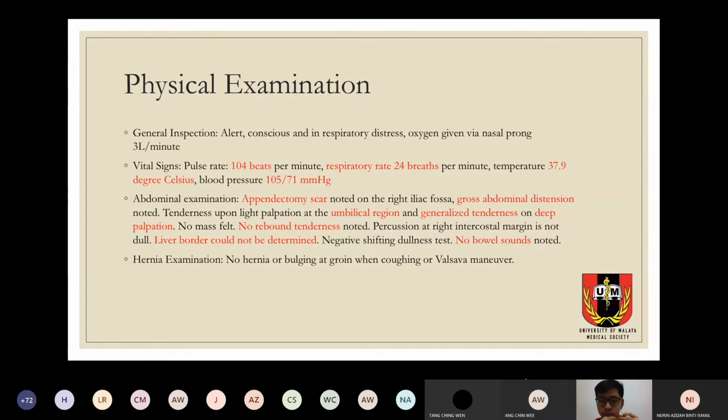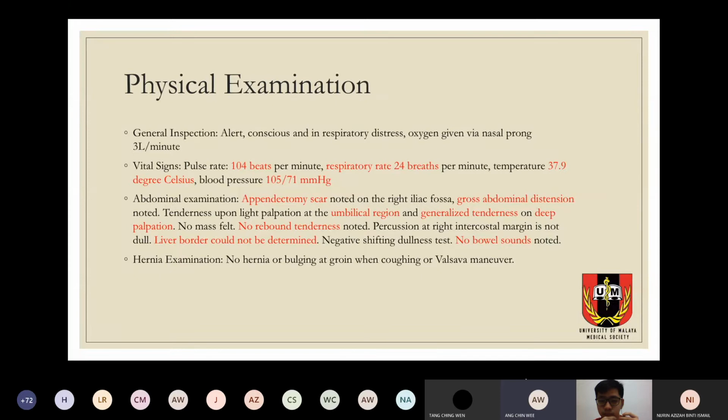So from here again, I think it's quite obvious what's happening. Well, if you look in detail, tenderness upon light palpation at the umbilical region, that is the central region, but generalized tenderness on deep palpation. You've highlighted no rebound tenderness. So if you were to say this patient had generalized peritonitis, there should be rebound tenderness, right?